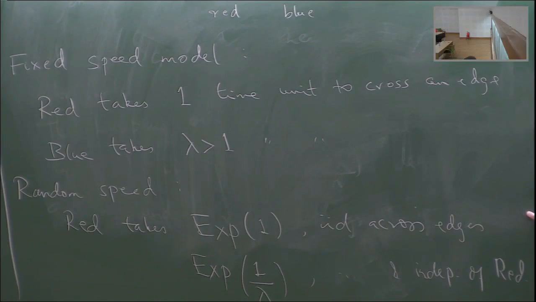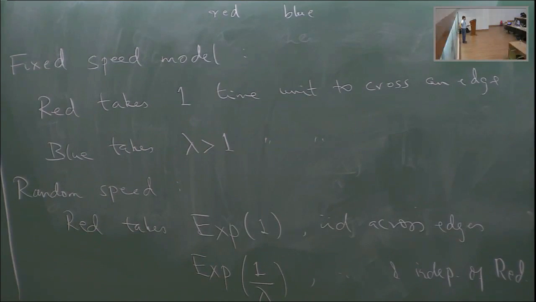The fixed speed model is deterministic. Everything's deterministic except the realization of the graph and where the nodes are initially placed. So once the graph is given and your initial points are given, everything's deterministic after that.